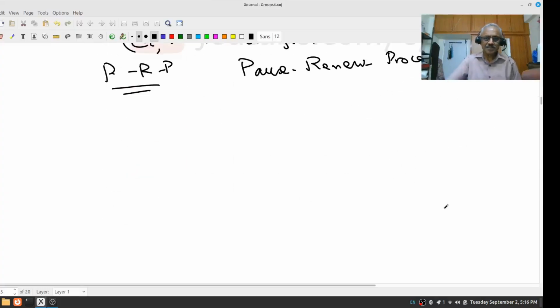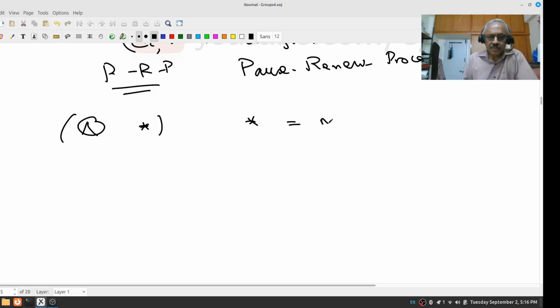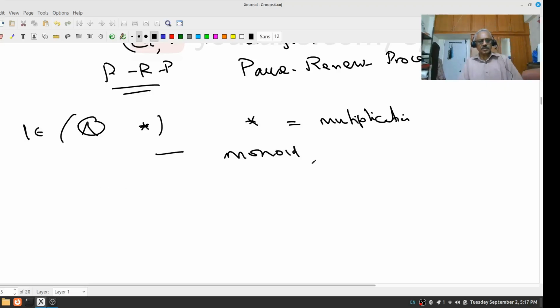Let us look at Q under multiplication. This is a binary operation, a multiplication, and this is a monoid. Why? Because 1, the rational number 1, is an identity, and multiplication of numbers is associative.